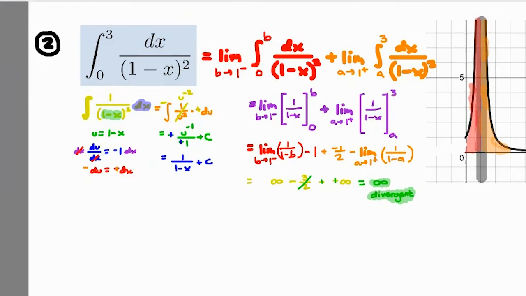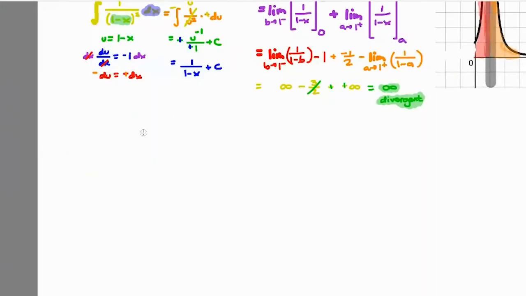Let's do another one. So we're just going to go to the next one. Holy moly, look at this one. This one's crazy. Okay, number 3.